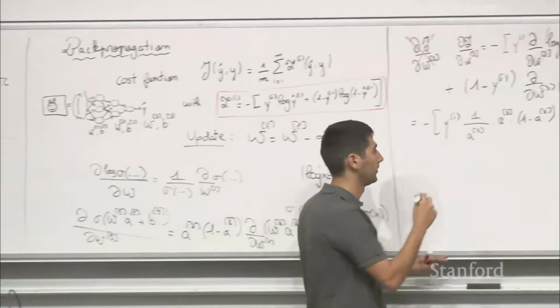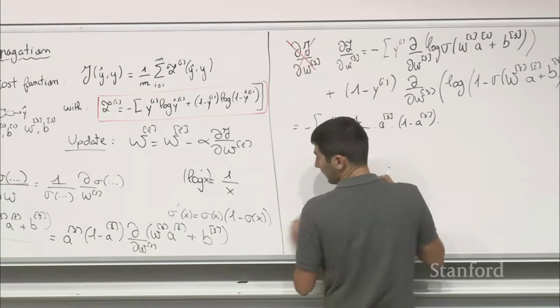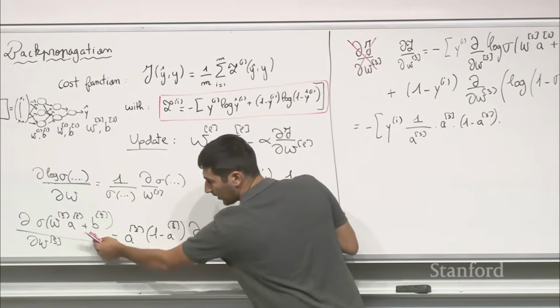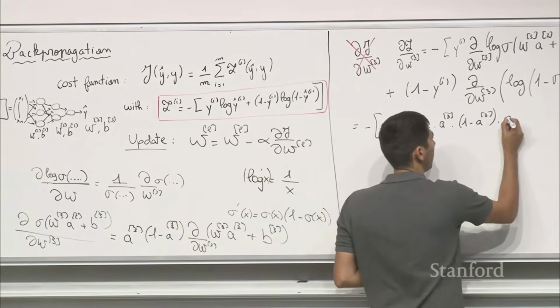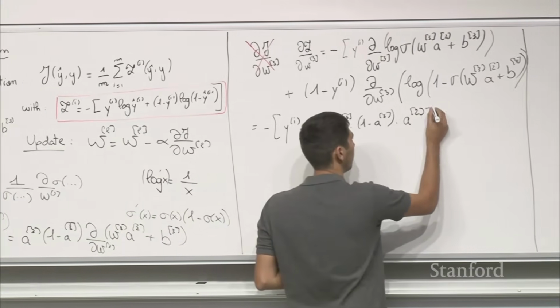So I'm going to write it here bigger. Here, I need to take the derivative of the linear part with respect to W3, which is equal to A2 transpose.